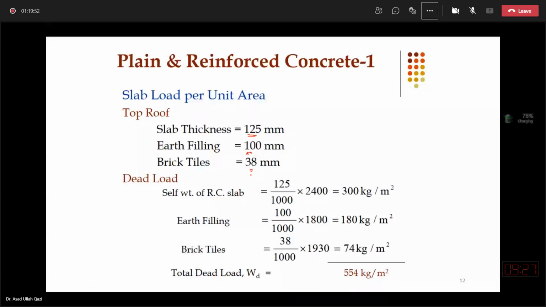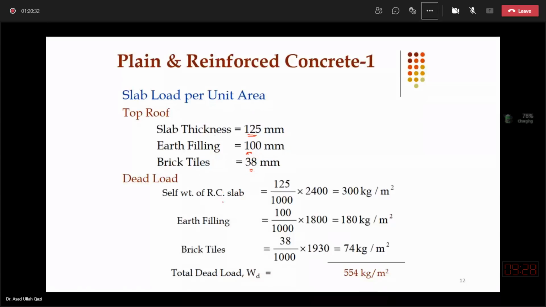So for very ordinary, typical roof slabs, there is a summary of the corresponding slab thickness, earth filling, and brick tiles, and their corresponding densities.